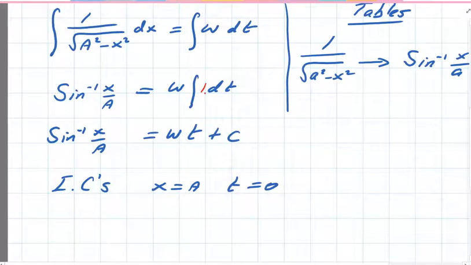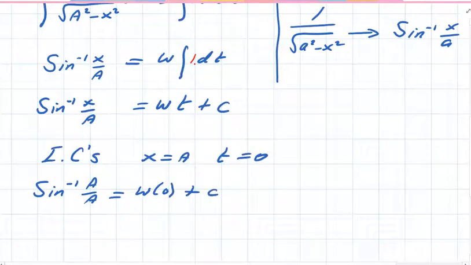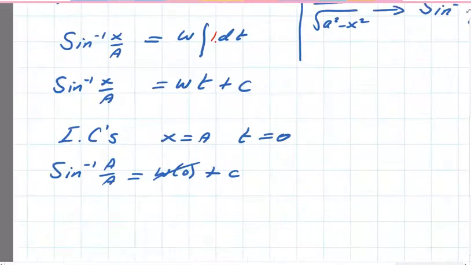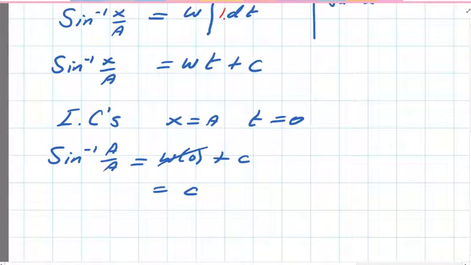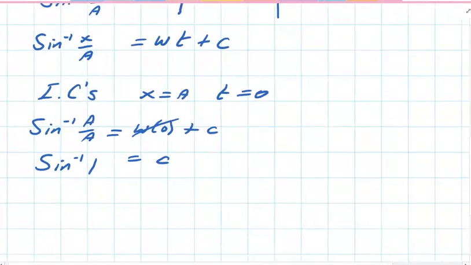So you put those in and you get inverse sine of x over A, which is A over A, is equal to omega t, which is omega into 0, plus c. And that's gone. And now c is the inverse sine of 1. And from your tables again, or from your calculator, the inverse sine of 1 is pi over 2, 90 degrees.